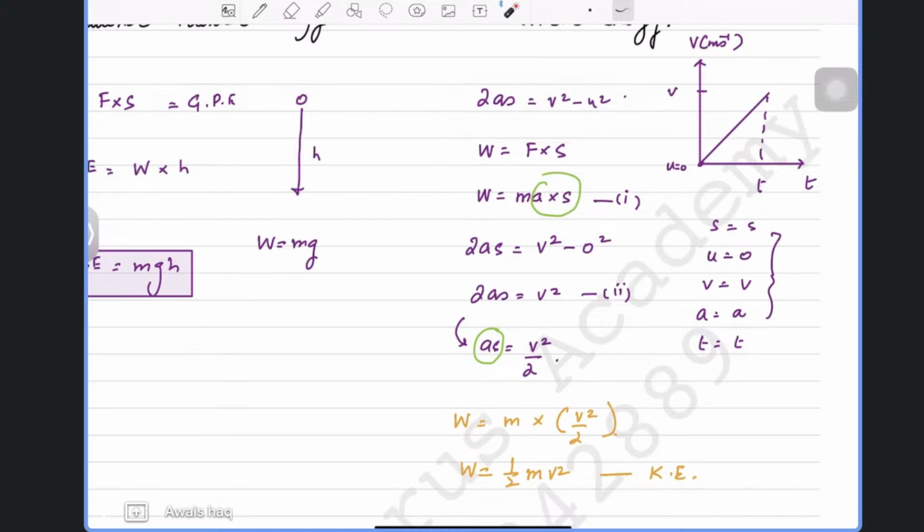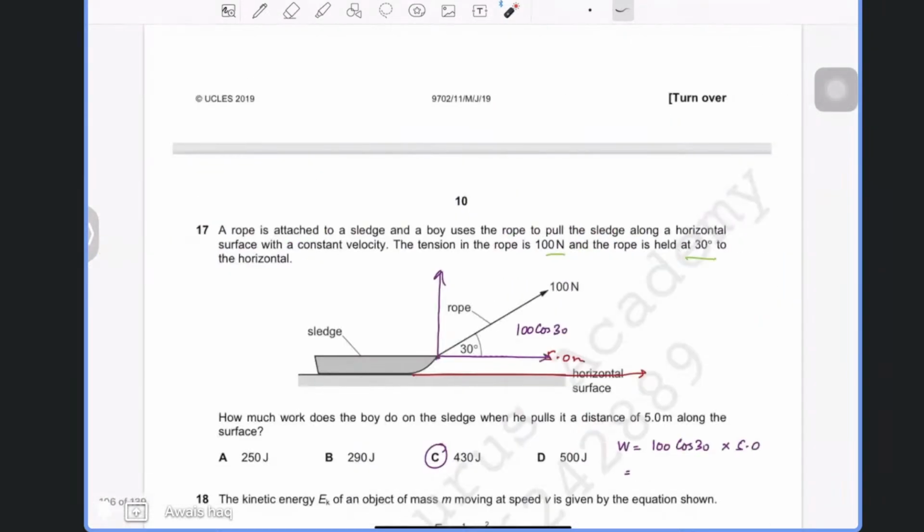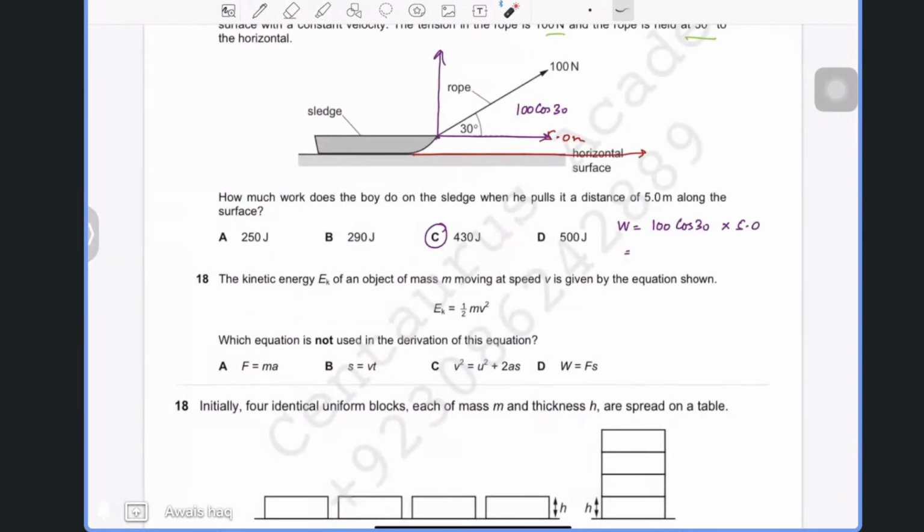Is there any other equation we used? No. Which means that the answer would be B. Very good. Unless you do this derivation yourself, you're going to forget it. So please make sure you do it.